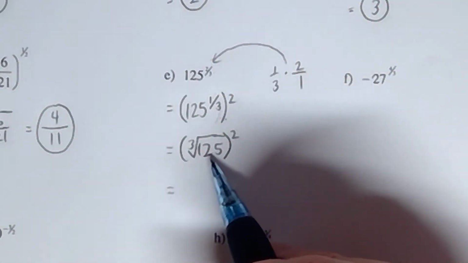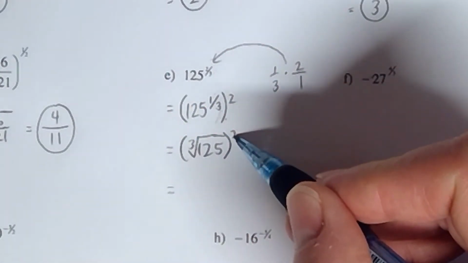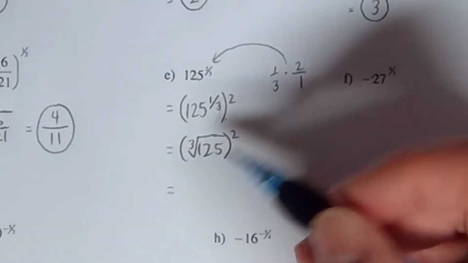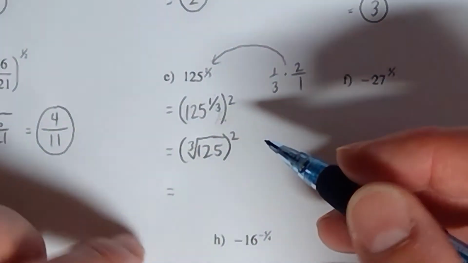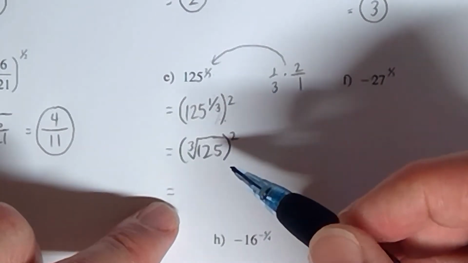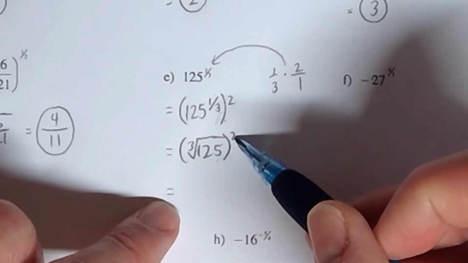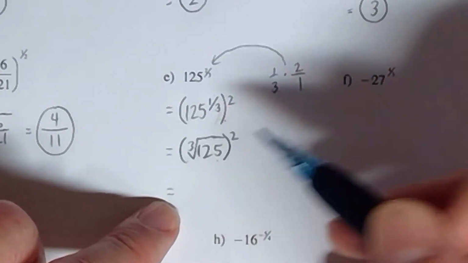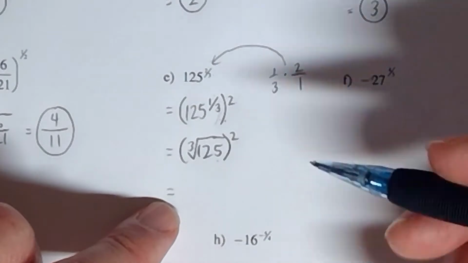Okay, so what do we get here? Now that I've converted it to radical notation, I compute this, and remember, there's no variables here, so we do order of operations to figure it out.